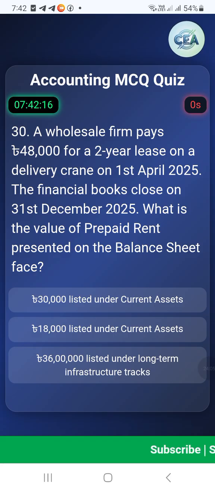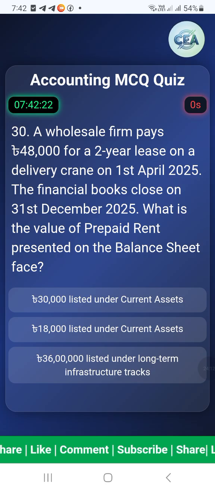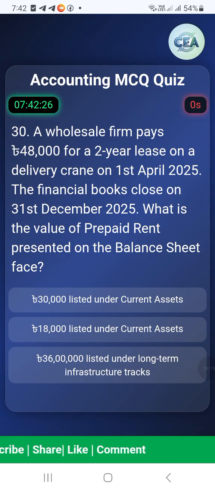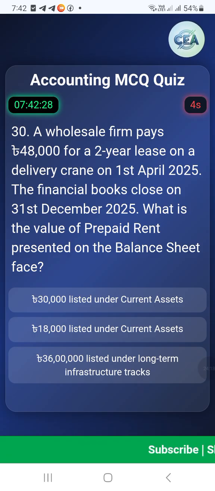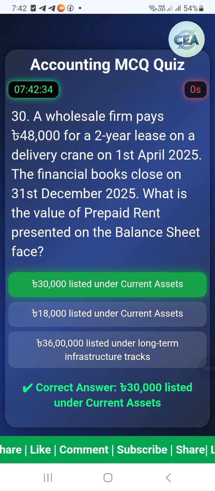Option 2. 18,000 takas listed under current assets. Option 3. 3,600,000 takas listed under long-term infrastructure tracks. Correct answer is 30,000 takas listed under current assets.